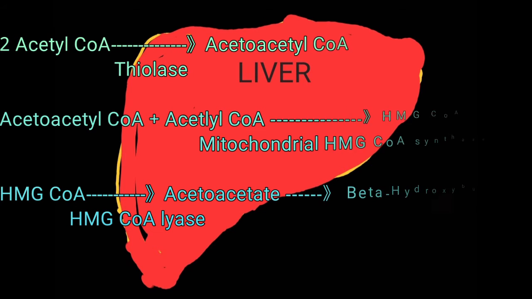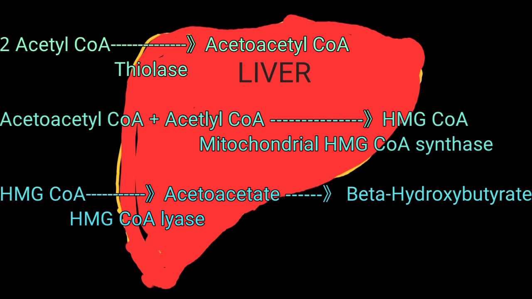A third molecule of acetyl-CoA is added to acetoacetyl-CoA to form HMG-CoA by the mitochondrial HMG-CoA synthetase, to be distinguished from the cytosolic HMG-CoA synthetase involved in cholesterol biosynthesis.